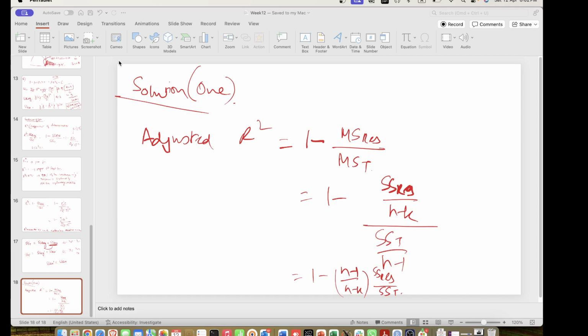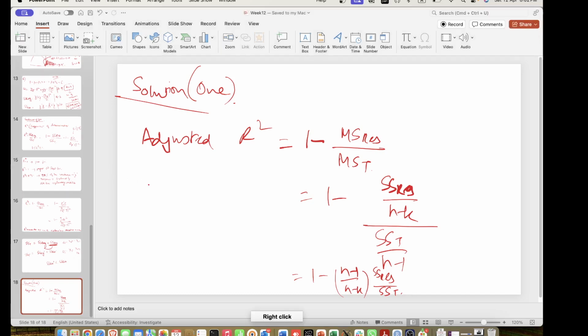Because this will reduce if an extra variable is added, and that overtly compensates for the reduction of the sum of squares due to residuals. Another limitation is that adjusted r square can be negative also.